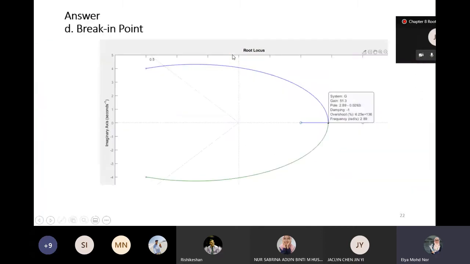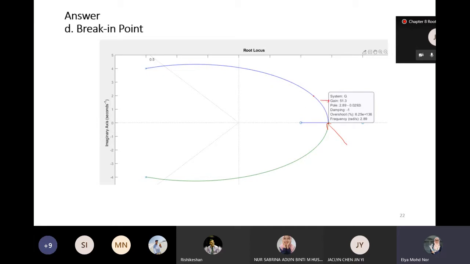Next, the break-in point. What is the break-in point? In this case we have no breakaway point, we only have a break-in point here.